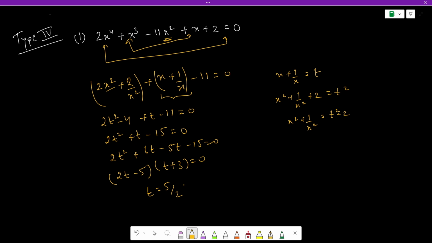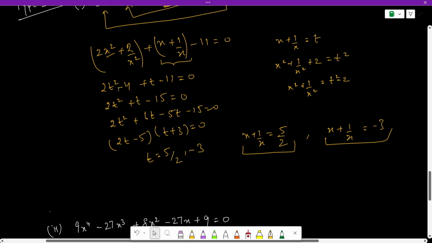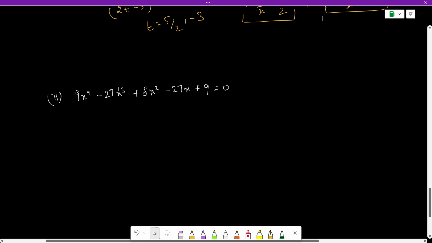Now t was x plus 1 by x, so x plus 1 by x equals 5 by 2 and x plus 1 by x equals minus 3. Now you can again create these quadratics and solve them, and you will get the final answer for x. Right, now let's solve this next question. This is also exactly similar and you can solve it yourself.